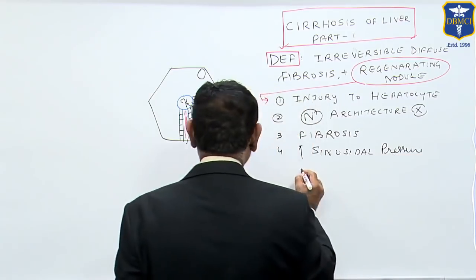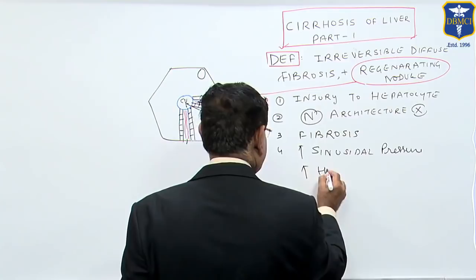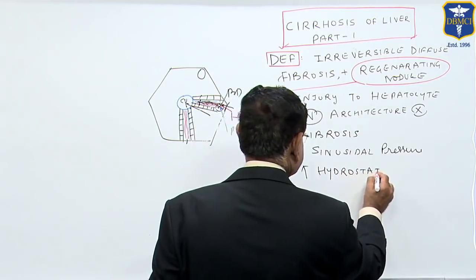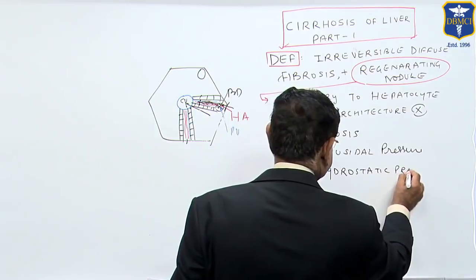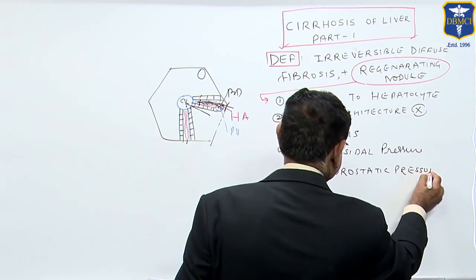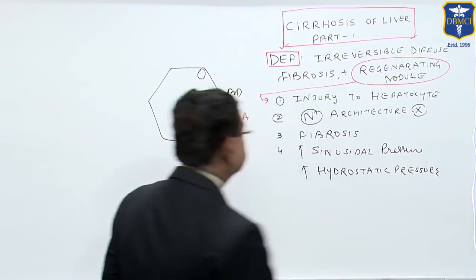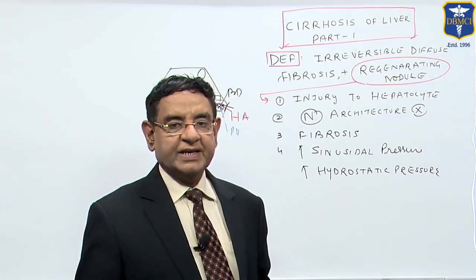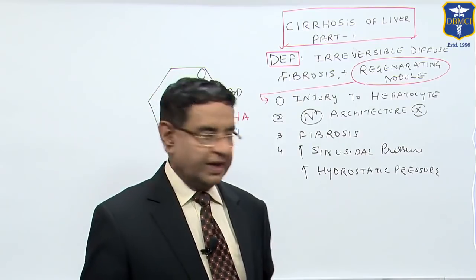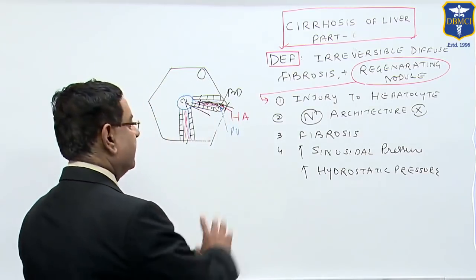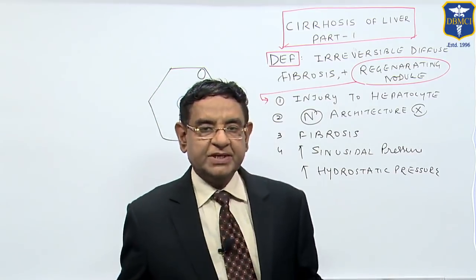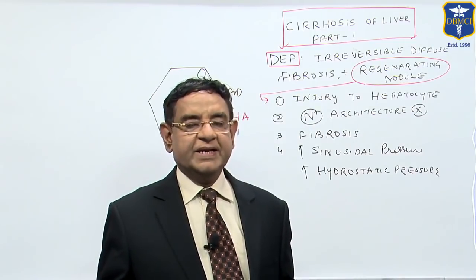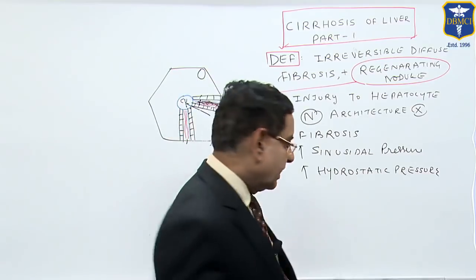It will also lead to increased hydrostatic pressure. This is the basic pathology of what we get in the case of cirrhosis of liver. So finally the entire architecture is damaged, the entire liver is fibrosed, and there are regenerating nodules without any proper architecture.